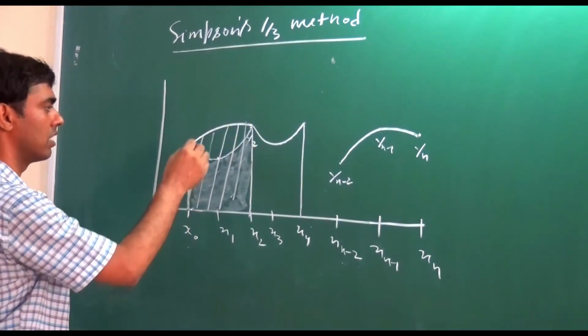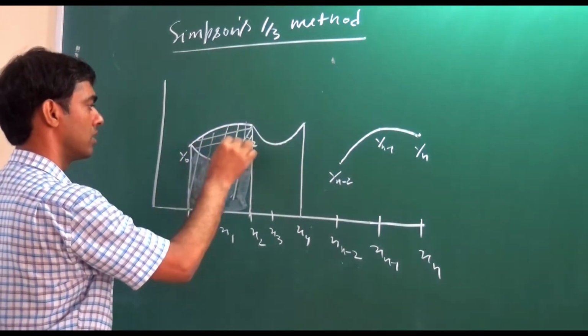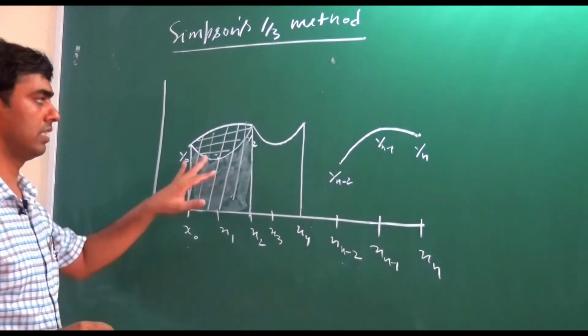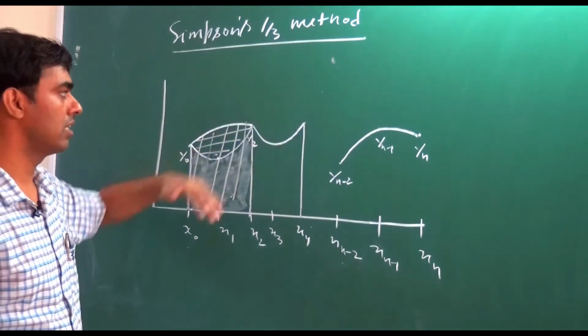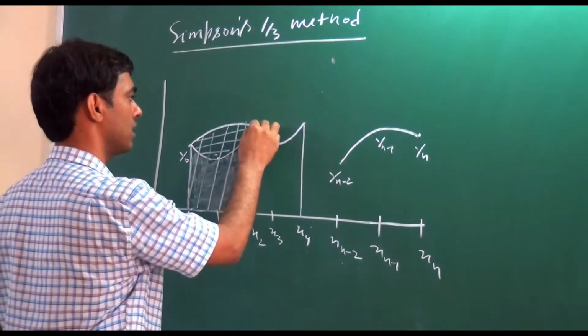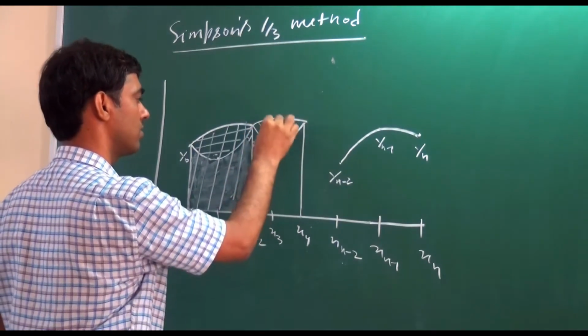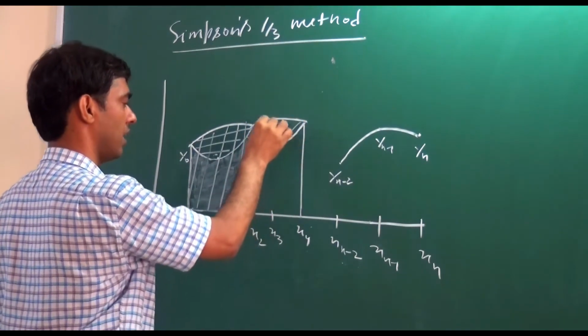So we find this area, but the actual area is this one. Then what is the error? The error is this one. This is the error in the first iteration. Similarly, in the second iteration there is an error. If suppose the function is like this one, then this area generates the error.